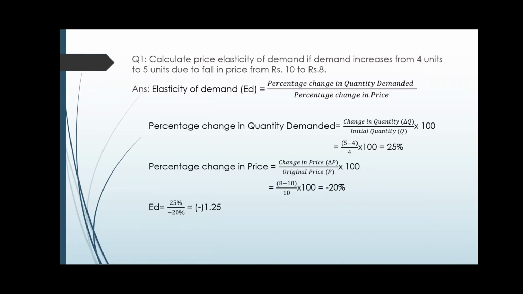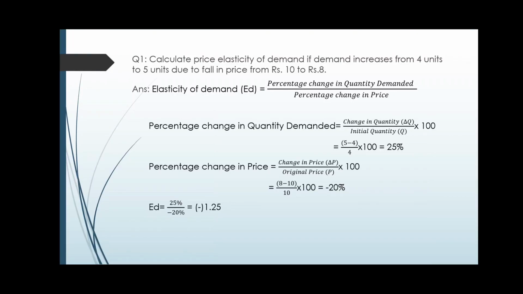So over here we will subtract P from P1. So P1 is your 8 and P is your 10. So 8 minus 10 divided by 10 multiplied by 100. So minus 20% is your answer.